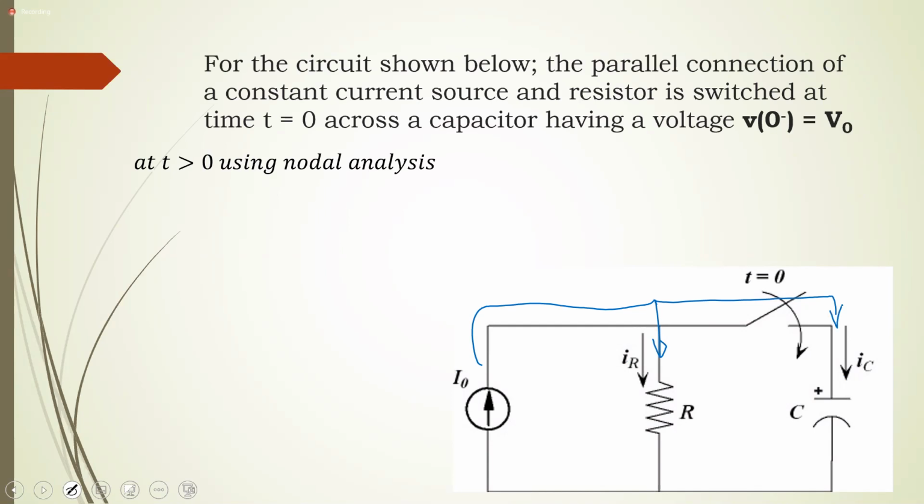So I0, and we know nodal analysis is just the application of Kirchhoff's current law. So we have I0 being equal to the current through the capacitor, IC, plus the current through the resistor, IR.